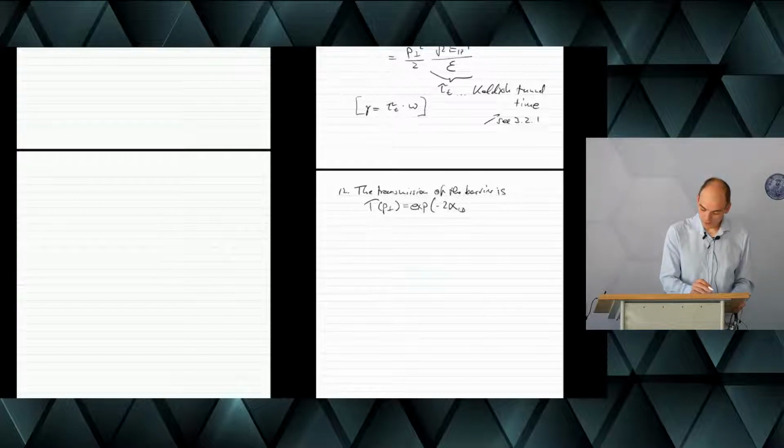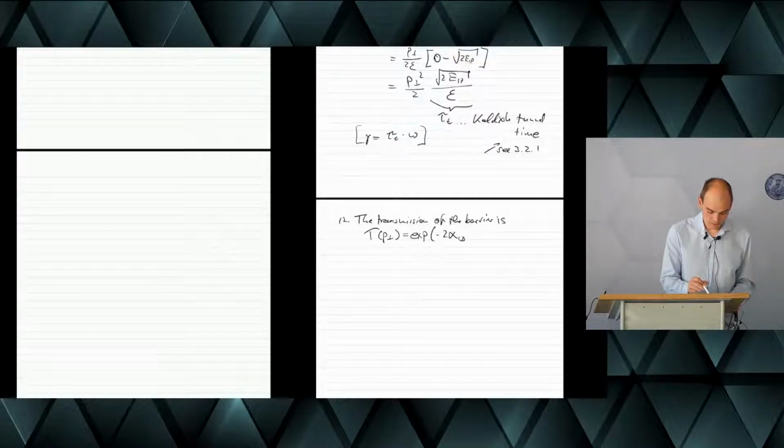And now we have, in addition, this term here with P perpendicular squared times tau tunnel; we have another 2 in front of it, so we can skip it here.